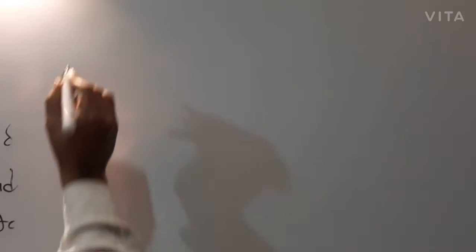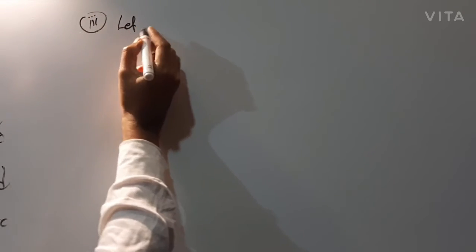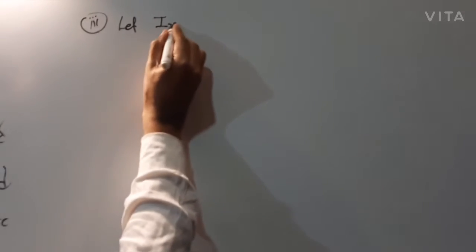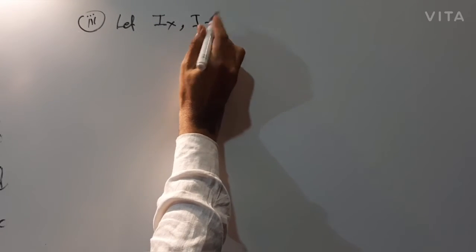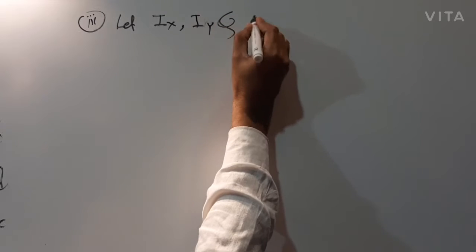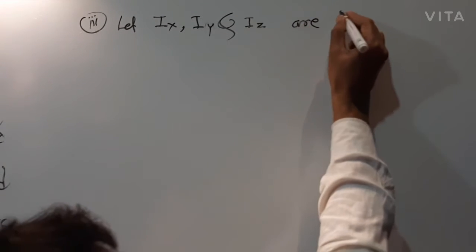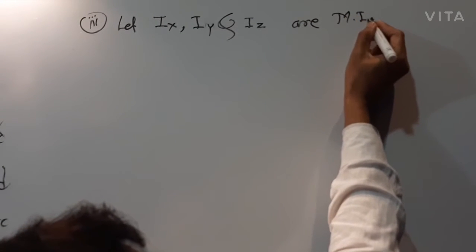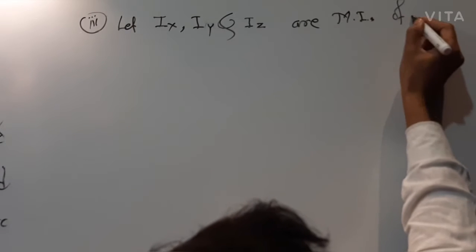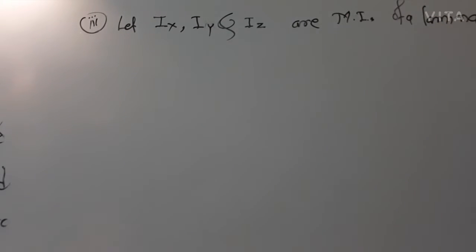So right here, the third point is notation, where let Ix, Iy, and Iz be the EMIs of a lamina.